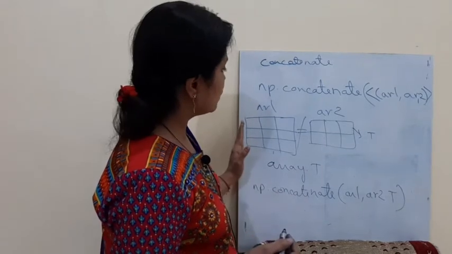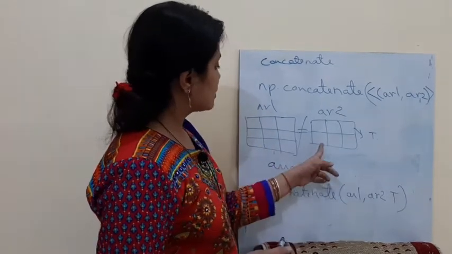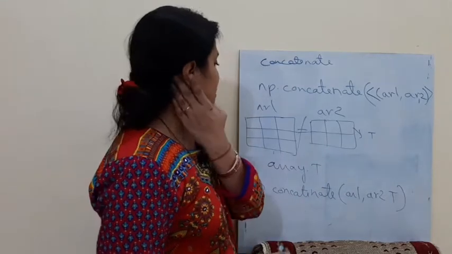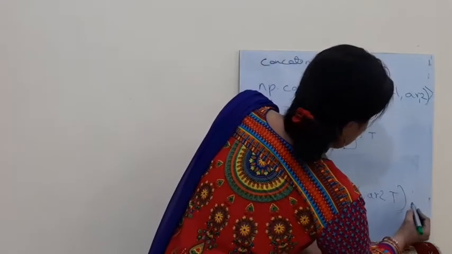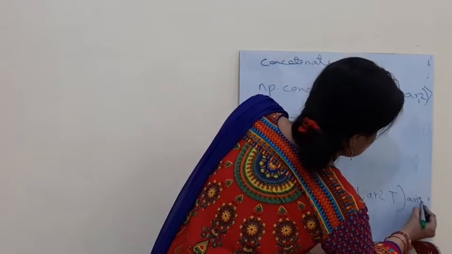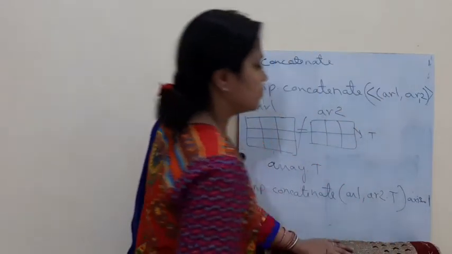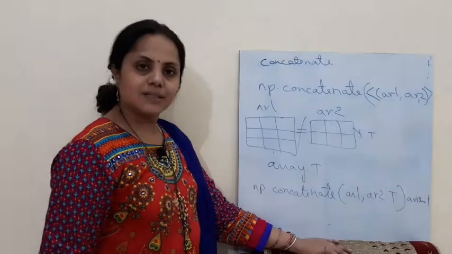On axis 0 they were already joining, because the number of columns are matching. But if I want to join this, it could be done on axis 0, and this can be done with axis equal to 1. Is it clear?